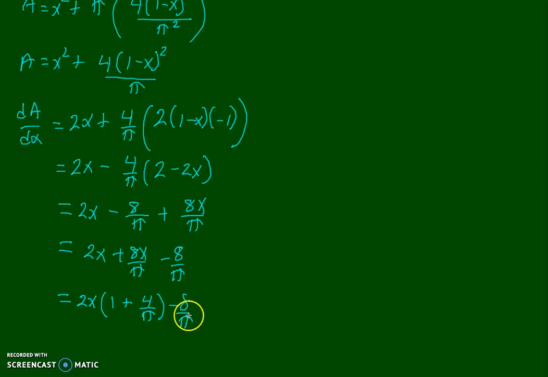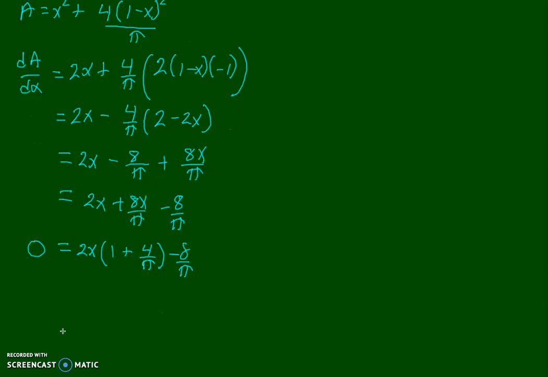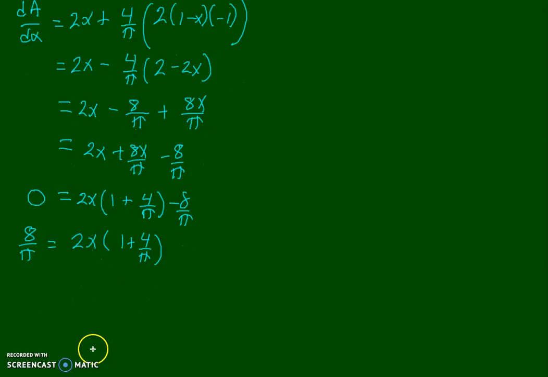Now let's go ahead and set this equal to 0 and move this to the other side because we're looking for our critical numbers. So we have 8 over pi equals 2x times 1 plus 4 over pi. We'll divide both sides by 2.